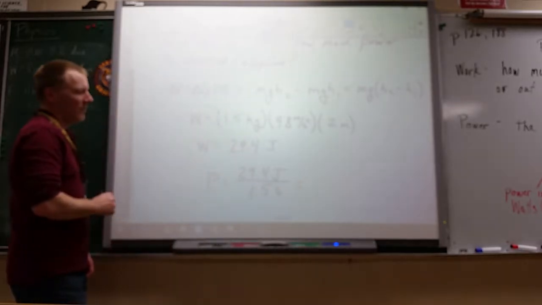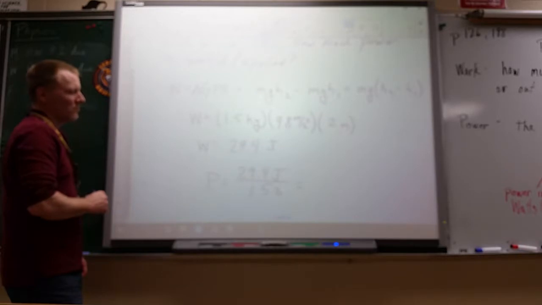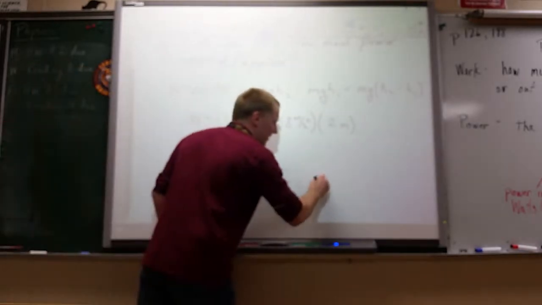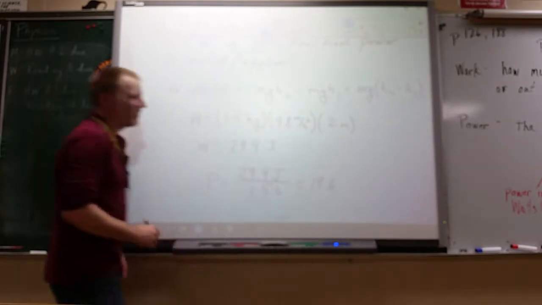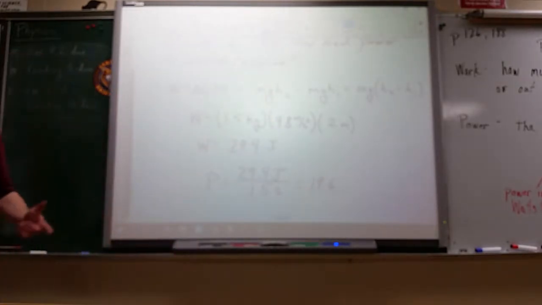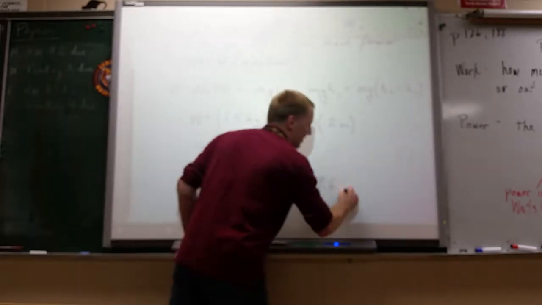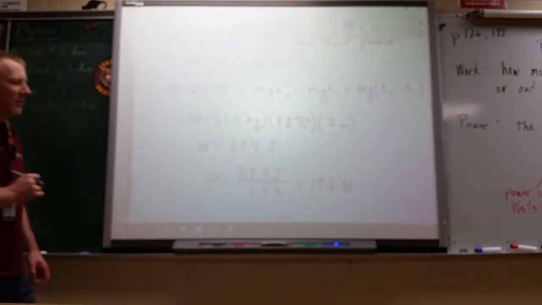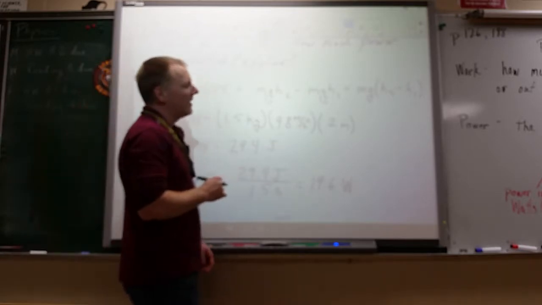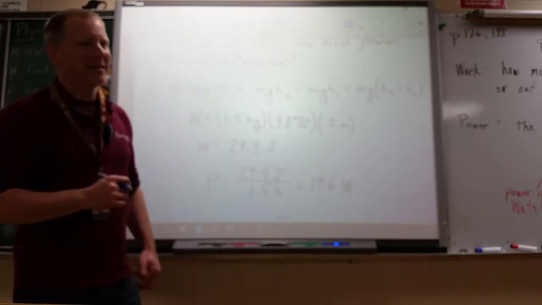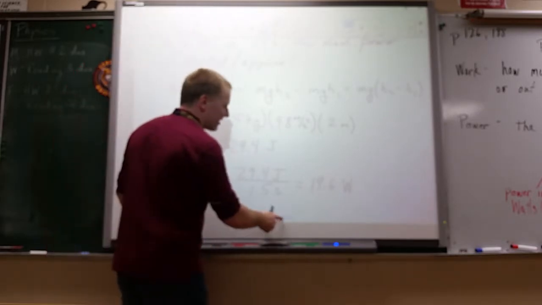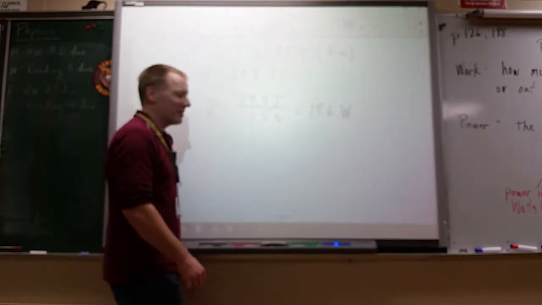Equals 19.6. What units? Joules per second, but it's watts. Yep. We abbreviate that as watts, capital W. The computer won't be expecting it, so just use watts. Again, the Schoology isn't smart enough to know that those mean the same thing.